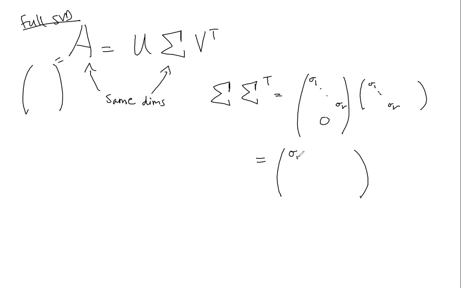At some point, these are all going to be zeros. If you look at sigma transpose sigma, this will be a smaller matrix that has not as many zeros, or no zeros, if any.